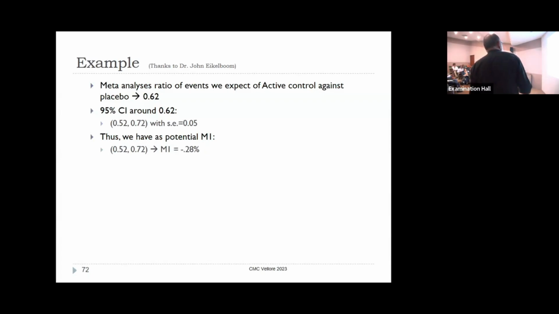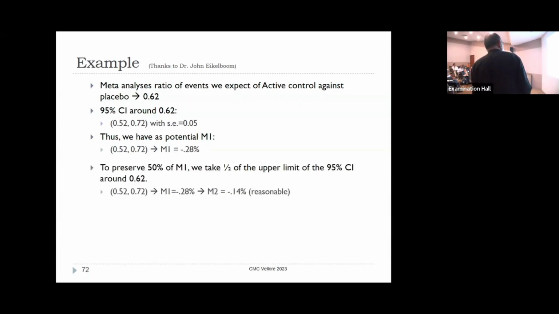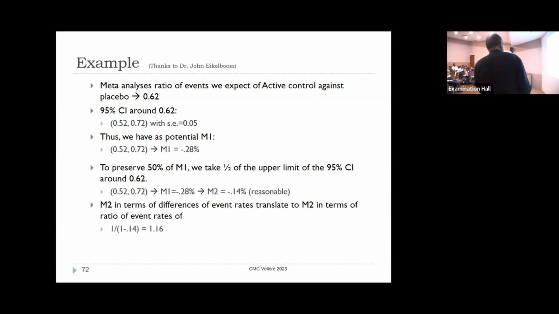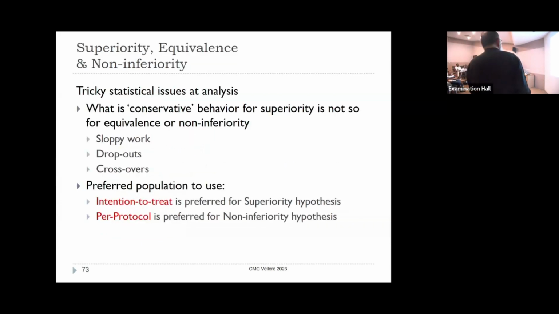We get the M1 there, and to preserve 50%, he would take half of it. It was reasonable, but he then changed it to event rates, and he had to get an event rate of 1.16, and then calculate the sample size based on that. So that's a quick overview of these.